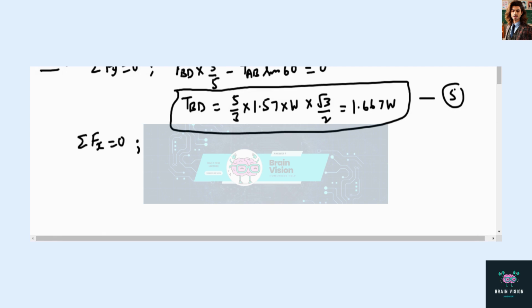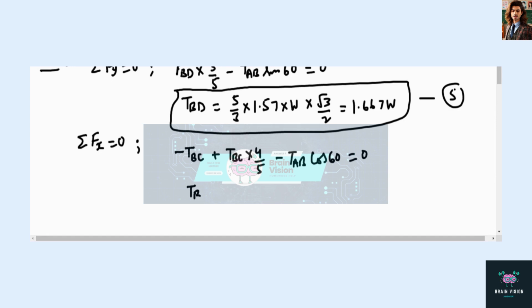We can write minus BC, it is negative x-axis, plus tension in BD along x-axis, tension of AB along x-axis, that must be 0.